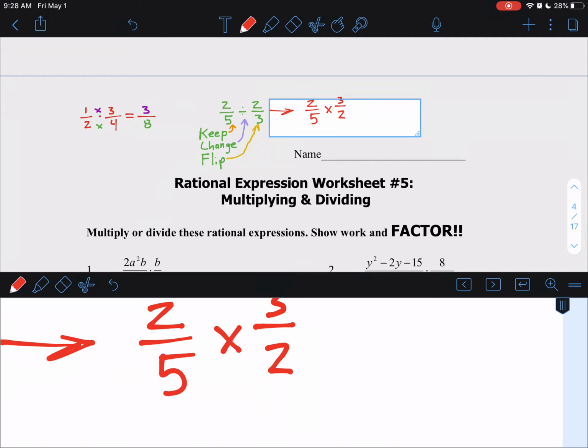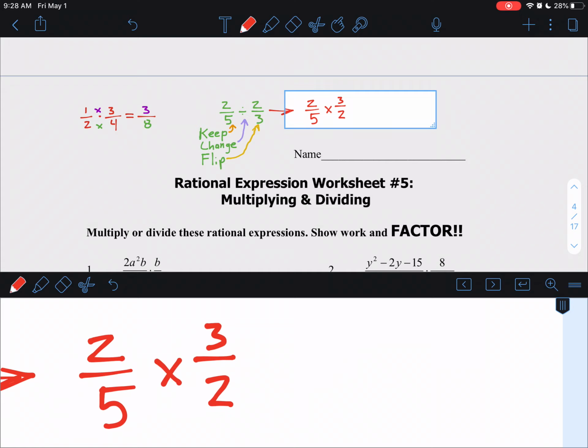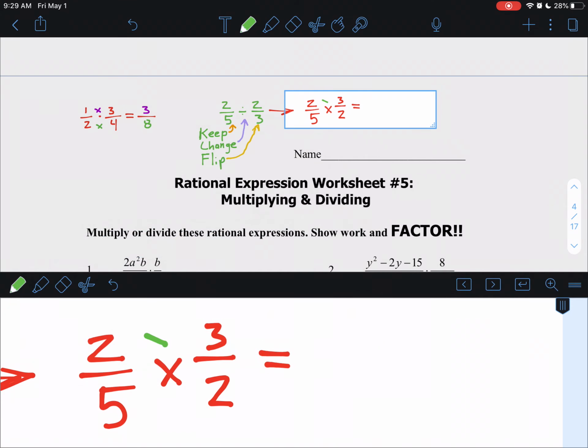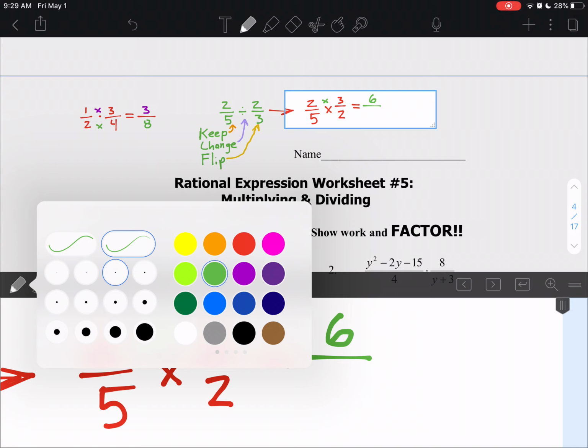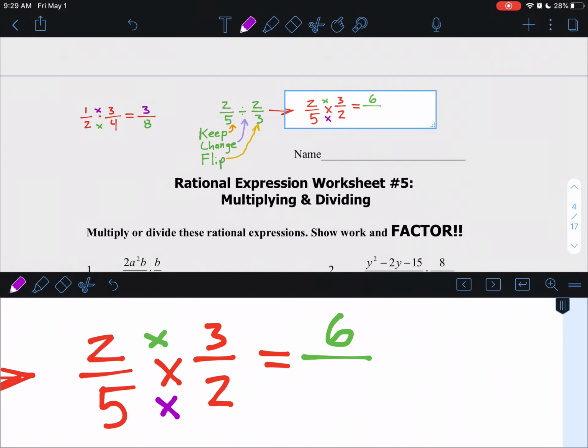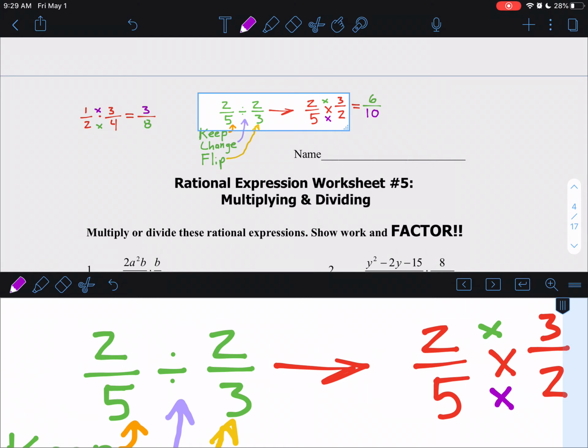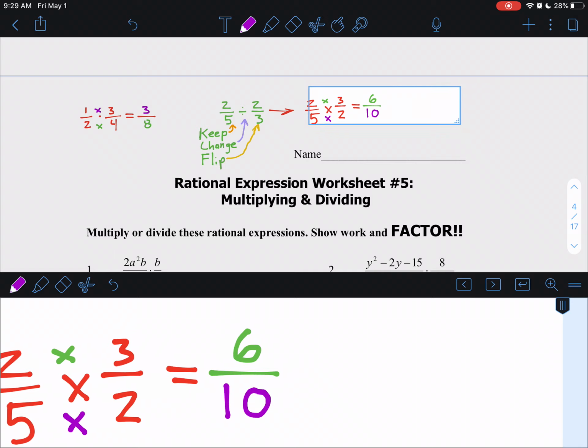And this is just multiplication, and we know how to multiply fractions, so we multiply straight across. 2 times 3 is 6, and 5 times 2 is 10. So 2/5 divided by 2/3 is 6/10. And 6/10 simplifies to 3/5 because 6 is 3 times 2, and 10 is 5 times 2.